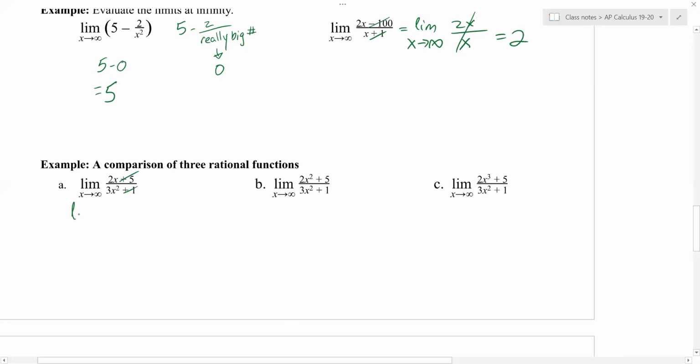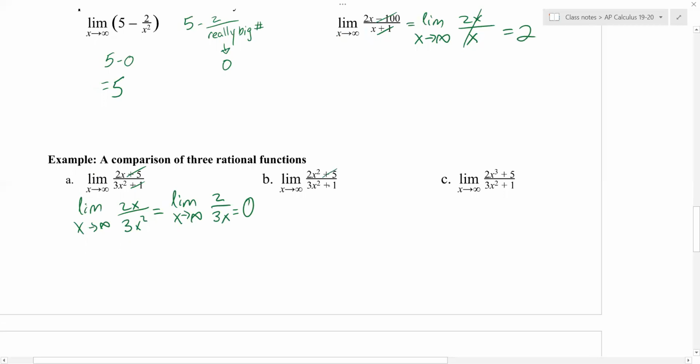So we're left with the limit as x approaches infinity of 2x over 3x squared. So that becomes the limit as x approaches infinity of 2 divided by 3x. So we have a really big number in our denominator again, so that is 0.